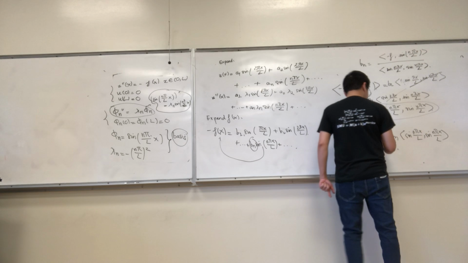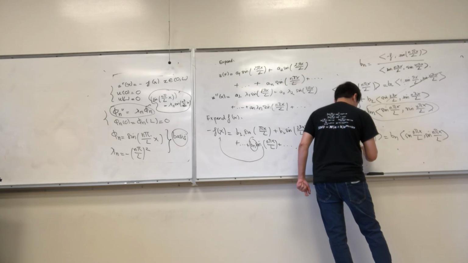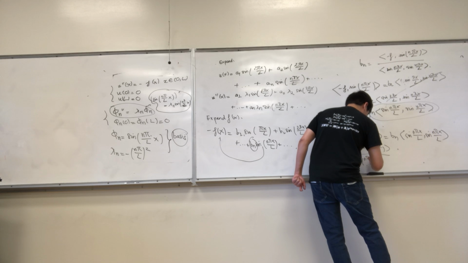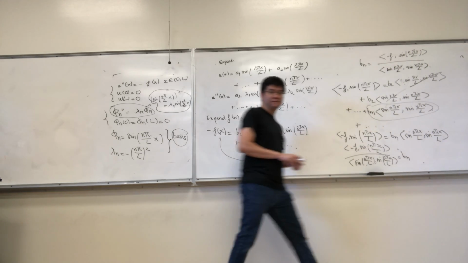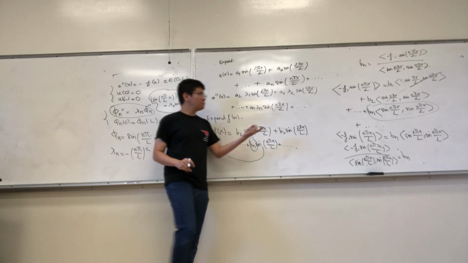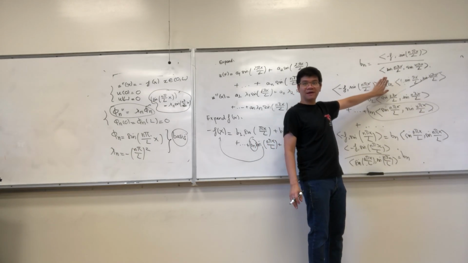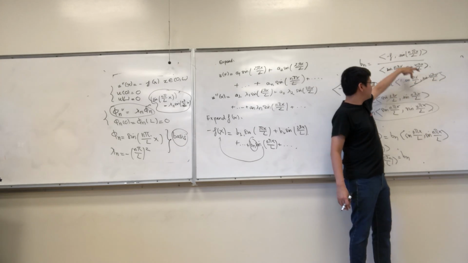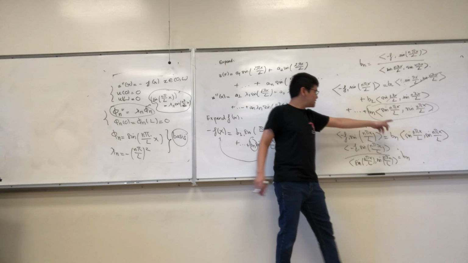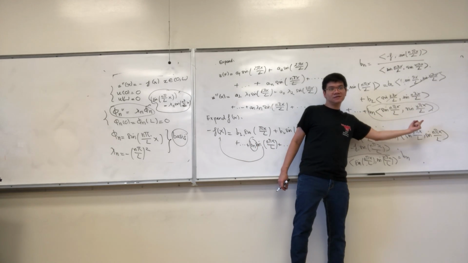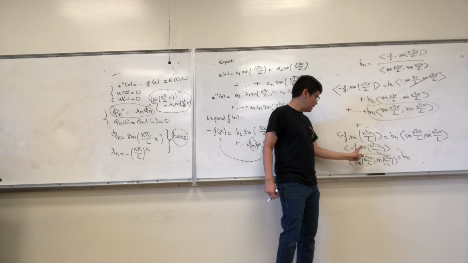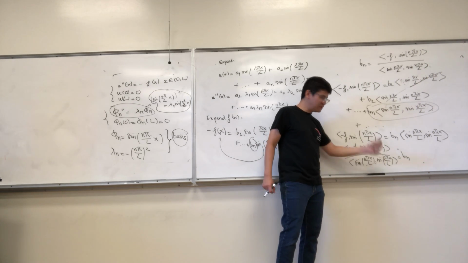So bn is the inner product of minus f with sin(nπx/L), divided by the inner product of sin(nπx/L) with itself. Because the different sines are orthogonal, they are 0, except this term, because sin times sin is not 0.